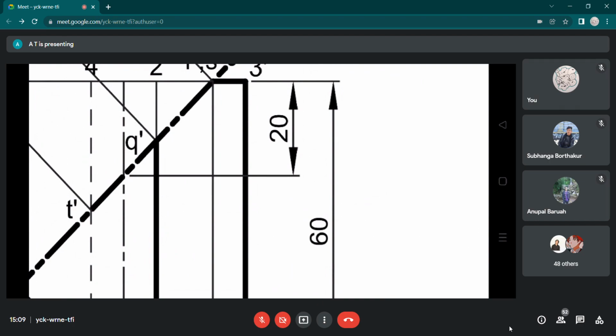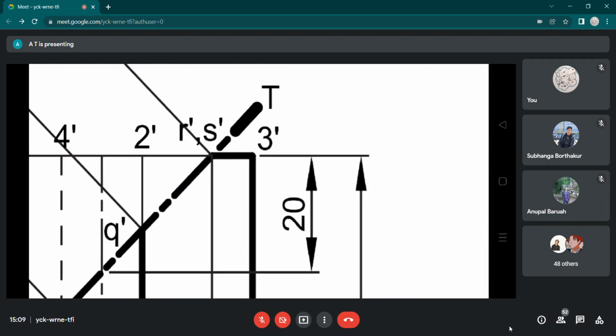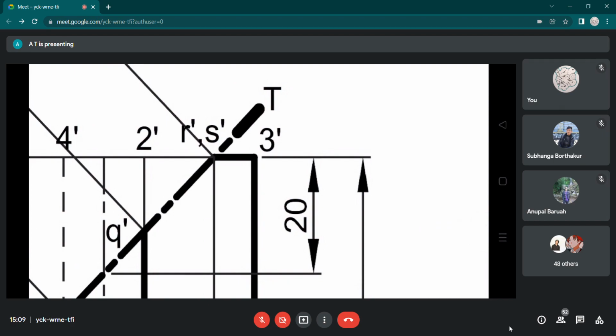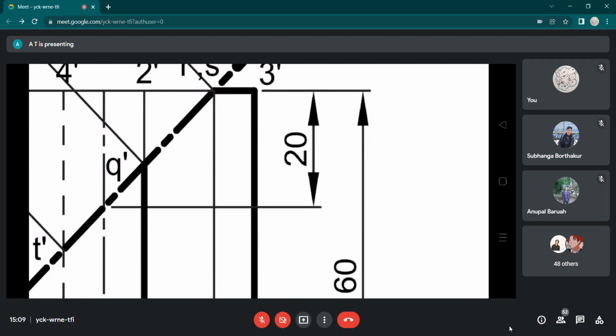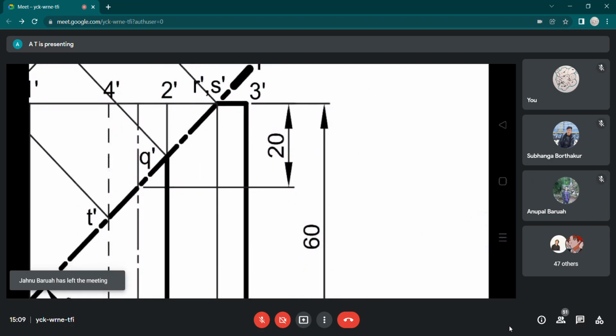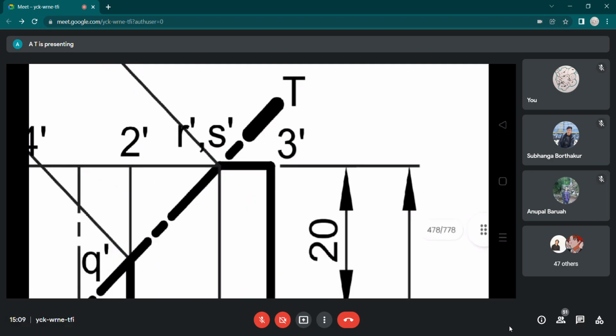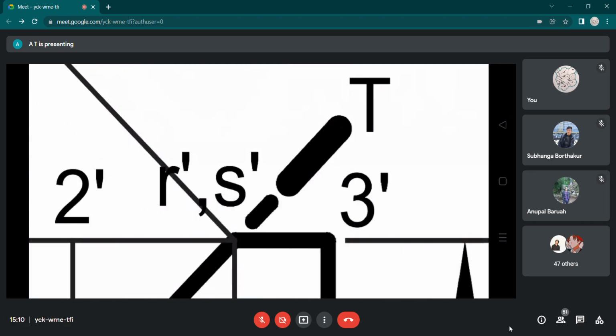Then you get R dash S dash. Remember these 2 points. You might think, sir, what is R dash S dash? If you project it below, you see in the top view. I'm talking about this R dash S dash.